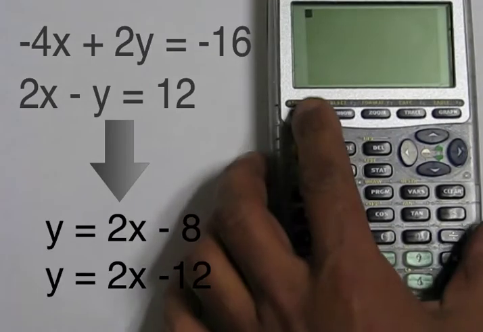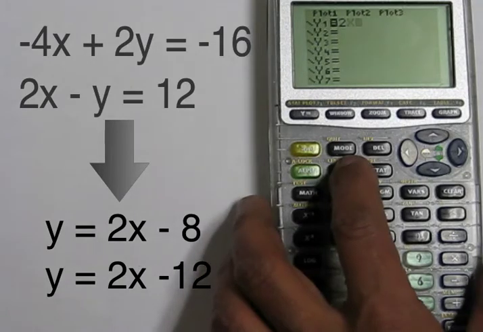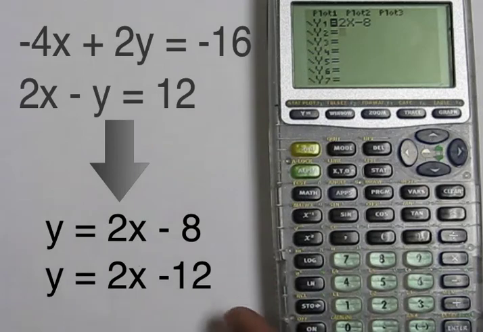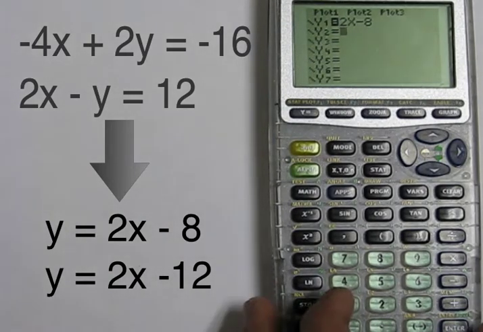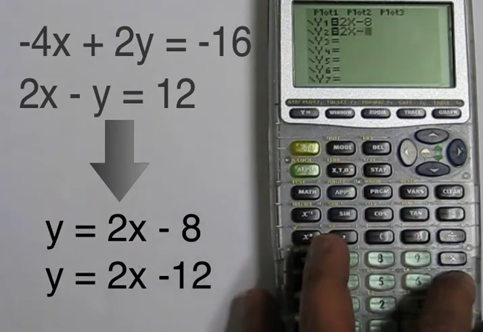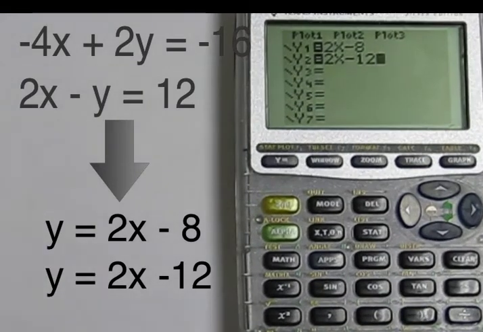So under our y equals, we put in y equals 2x minus 8. The second equation, 2x minus y equals 12, if we solve that for y, we get y equals 2x minus 12. So the second equation is y equals 2x minus 12, under our y equals editor.